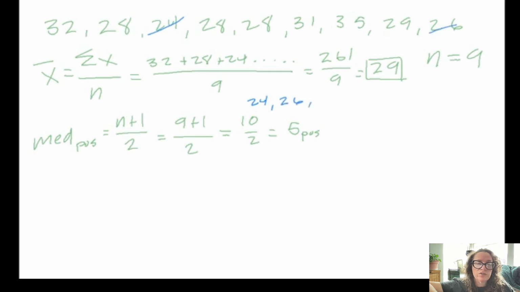Any 27s? No, but we have 1, 2, 3, 28s. So 28, 28, 28. And then we have 1, 29. We don't have a 30, but we do have a 31, a 32, and a 35. It's a little crunched here, but that's okay.